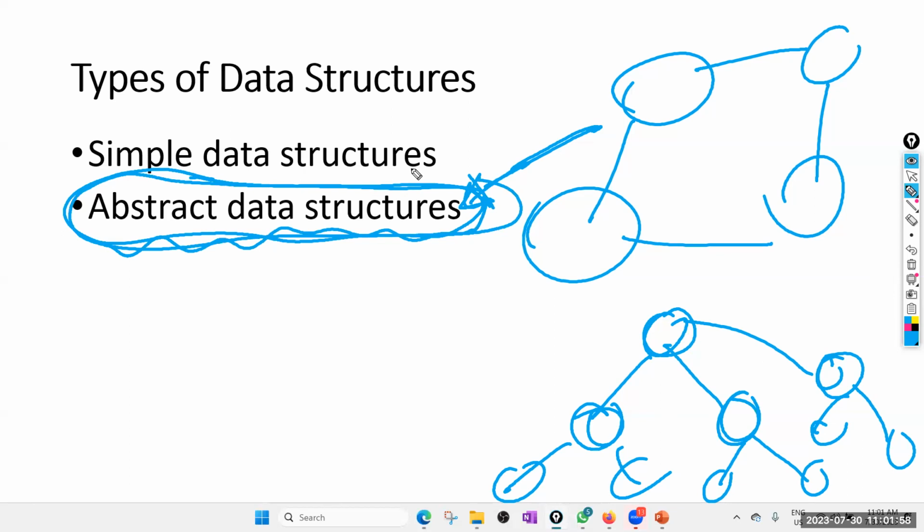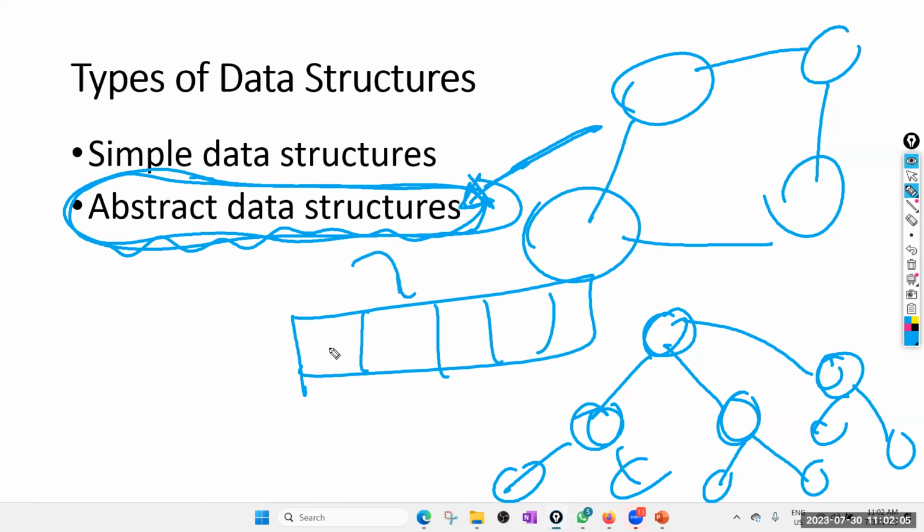So all these data structures we learn are abstract data structures, other than array. Array is just you looking at the memory in a specific manner. It has no very special meaning or structure. But anyway, we'll be starting with array, which is sort of an extension to the simple variable.